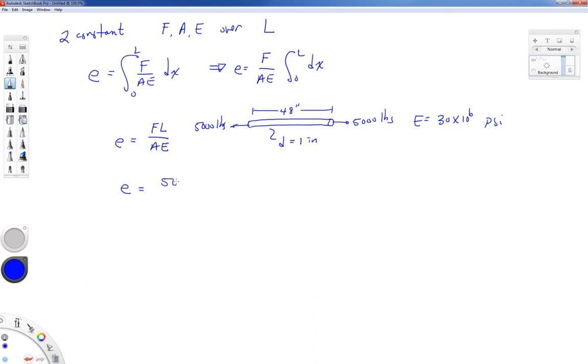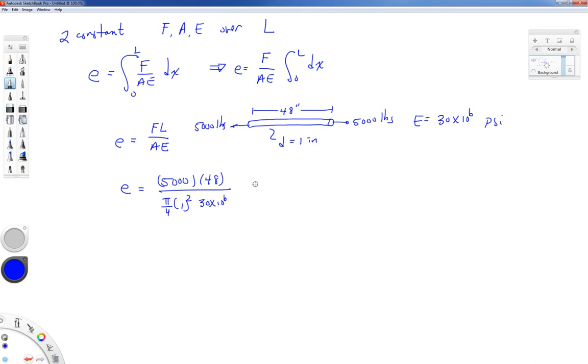We plug this in: 5,000, the length of the bar, 48 inches. Need to make sure our units are consistent. The area, if it's a 1 inch diameter bar, we'd have pi over 4 diameter squared, and the modulus of elasticity of 30 times 10 to the 6 psi. And then we would end up with units of inches. Let's go ahead and calculate that number just to see what we've got.